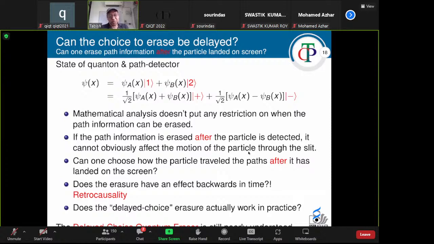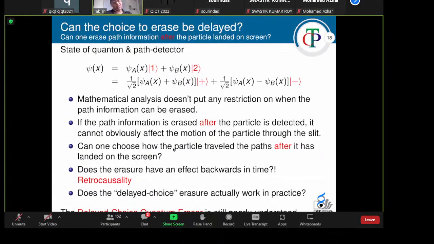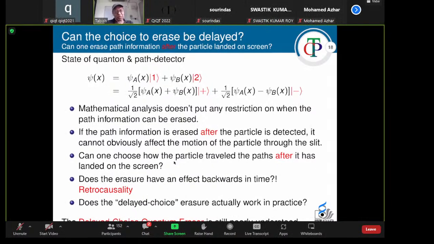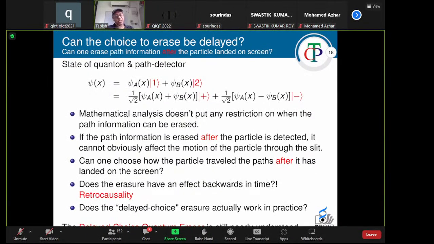But the implication seems to be that after the particle has hit the screen, if you measure operator P, you actually know that the particle has gone through slit 1, slit A, and if you are getting state 2, the particle has gone through slit B. But if you had measured operator Q, then you know that the particle has gone through both slits in both the cases.